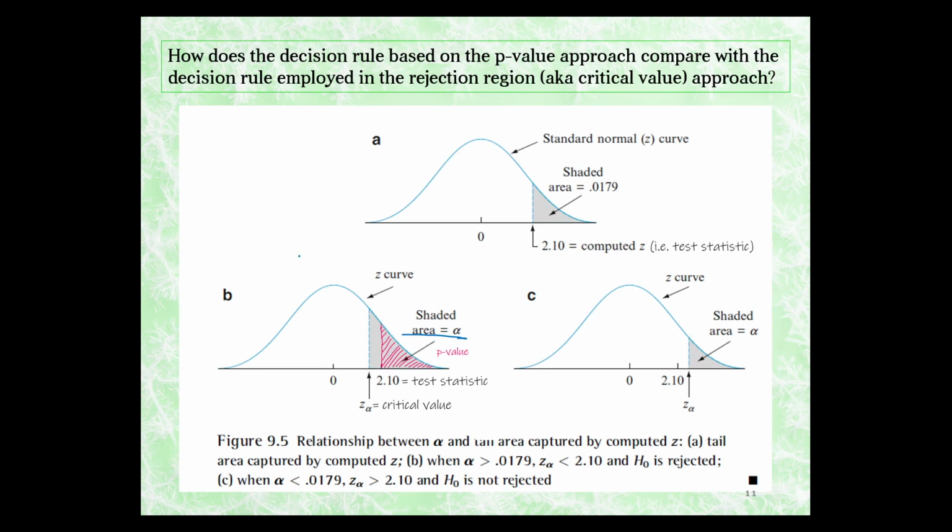Now, let's say we changed alpha and we got a critical value to the right of our test statistic, then you can see that the probability of observing something more extreme than this observed test statistic value is now going to be larger than alpha. So in this case, in B, we are going to reject the null. In the second case, we don't reject the null hypothesis.